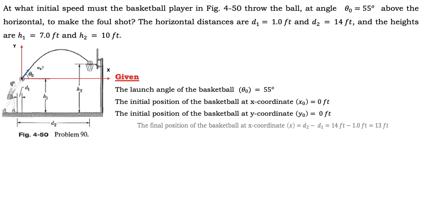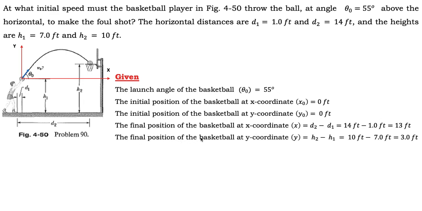The final position of the basketball at x coordinate, x, equals d2 minus d1, from this to this, equals 14 feet minus 1.0 feet equals 13 feet.